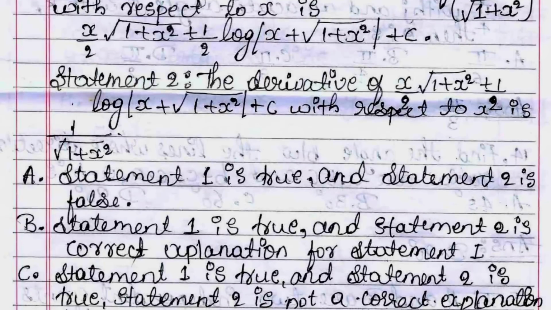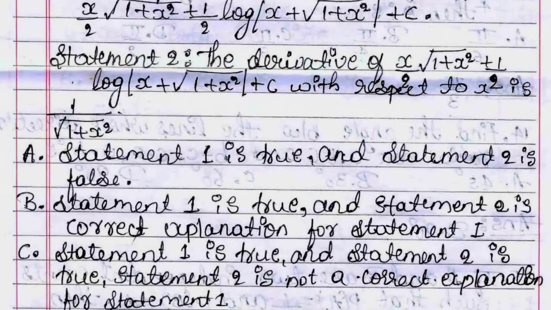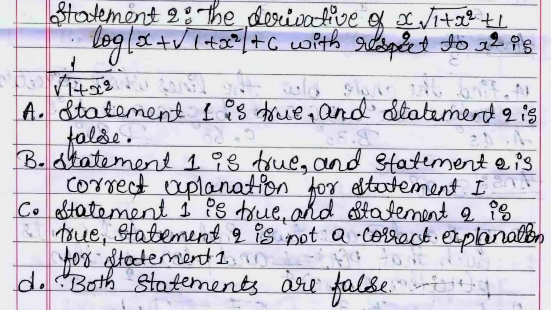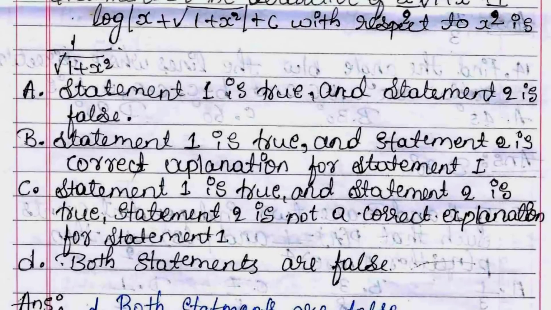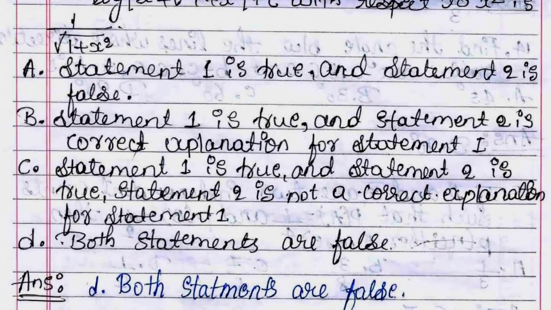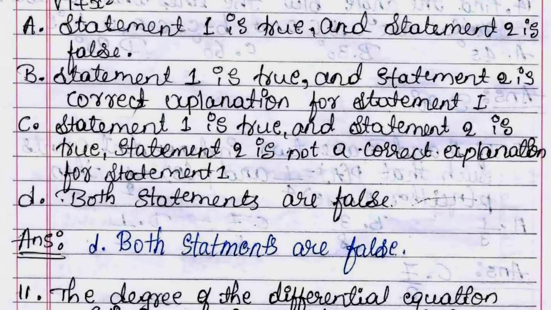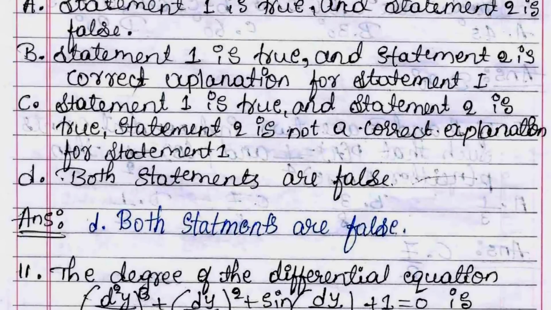A, statement 1 is true and statement 2 is false. B, statement 1 is true and statement 2 is a correct explanation for statement 1. C, statement 1 is true and statement 2 is true. Statement 2 is not a correct explanation for statement 1.